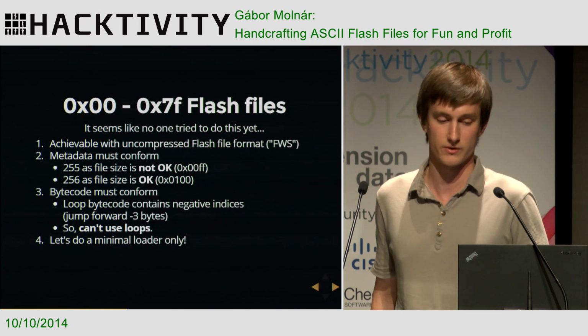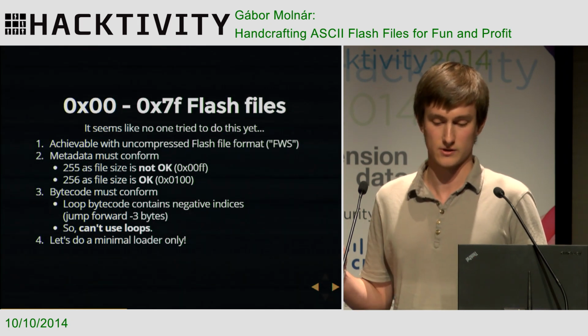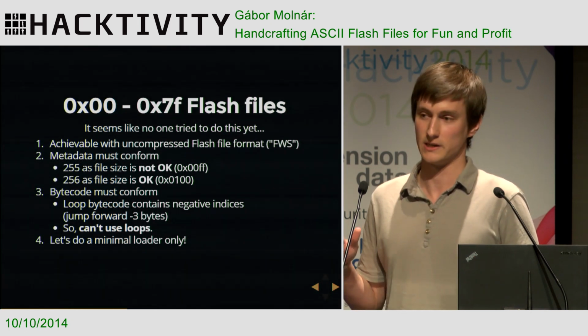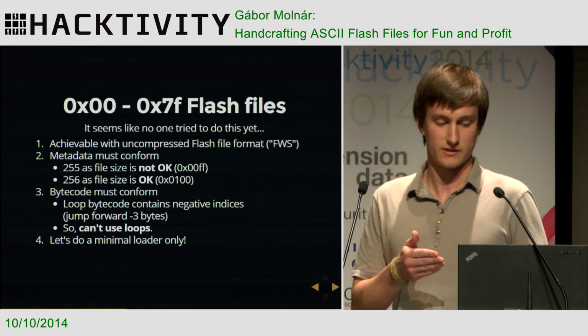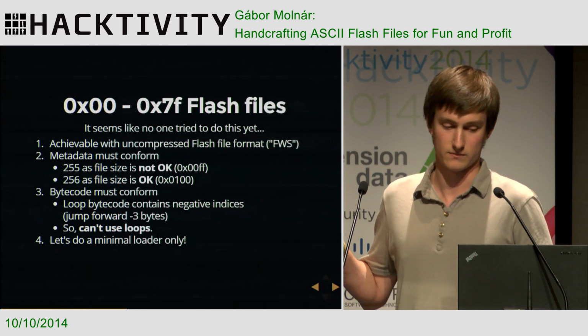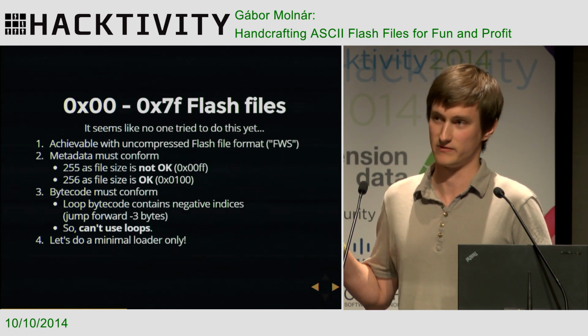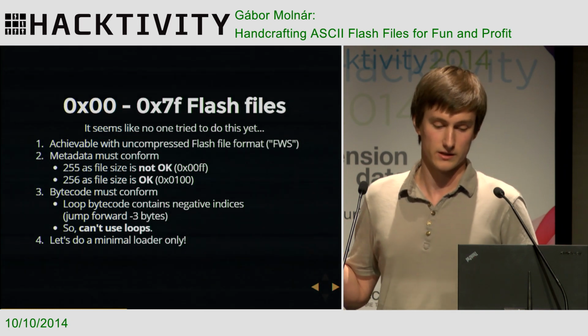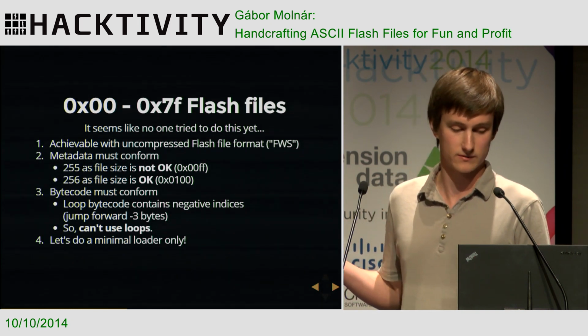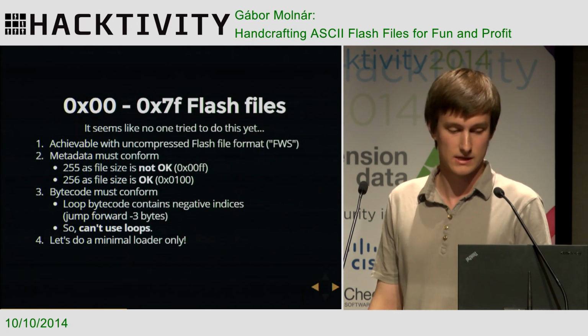If you created a cycle, then in Flash the cycle is run, and you jump with a negative value to the start of the cycle, and this negative jump usually contains FF bytes because the offset is stored as 4 bytes, and obviously negative numbers start with FF in hex.